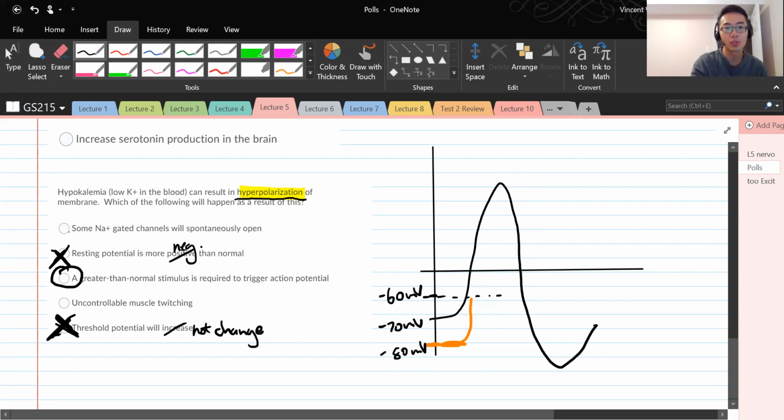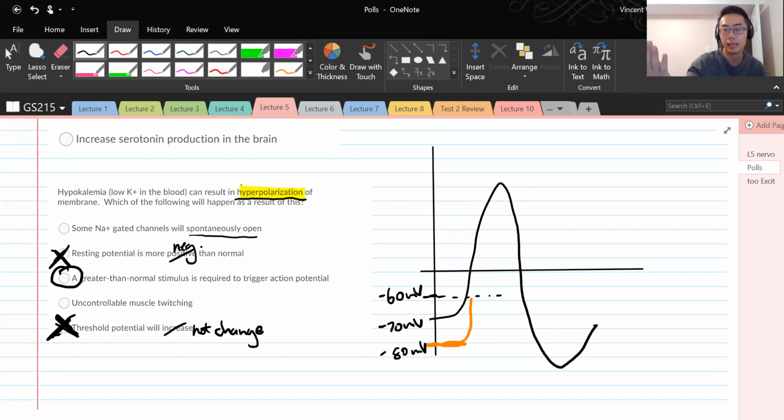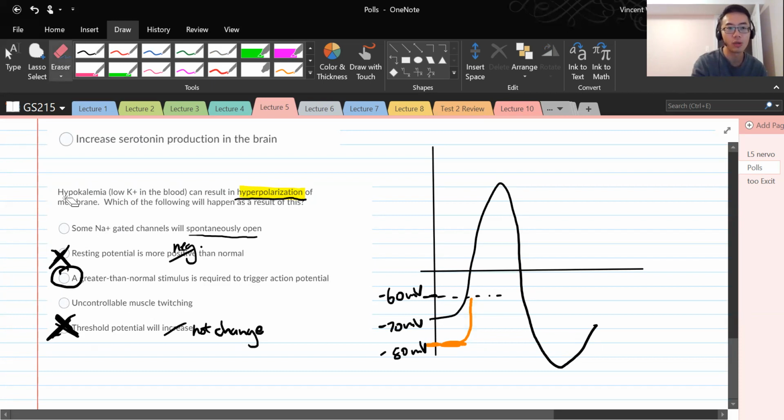So sodium gated channels will not open spontaneously. What does that even mean? Sodium channels opening spontaneously means they open without a trigger. That is going to happen if the opposite is true. If you have hyperkalemia, then maybe your resting potential is really close to minus 60.